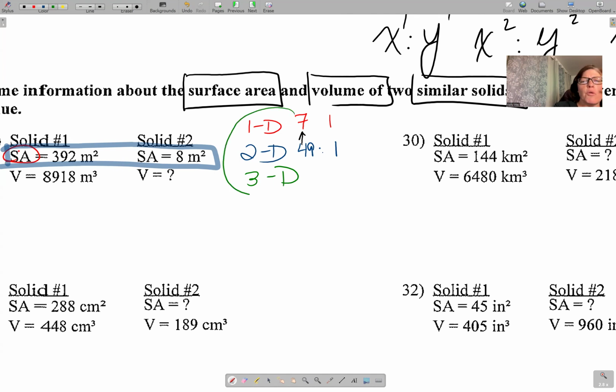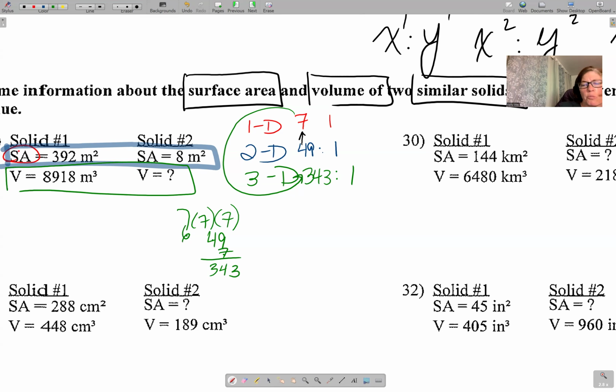Then I come forward, and I do 7 times 7 times 7, which is the cube. This is going to be 49 times 7. That's 343 to 1.